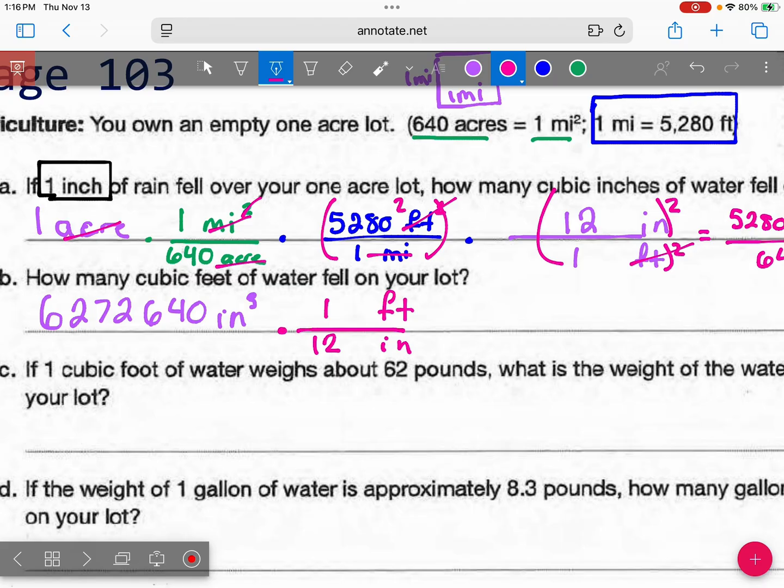Because what I have is inches and I have cubic inches. So are these the exact same? No. Cubic is not like an inch. This is me handing you a cube, right? Here's an inch. Here's a cubic inch, right?